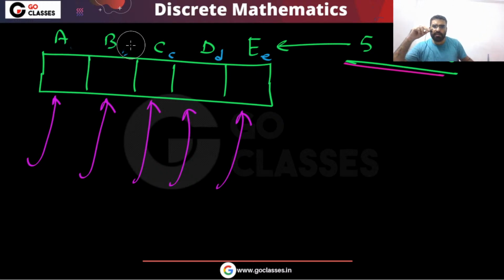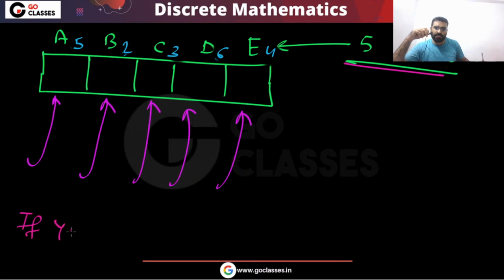Remember, every person has a value. For example, let's assume these have values 5, 2, 3, 6, and 4. Now, if A is not losing, then what should be the value?